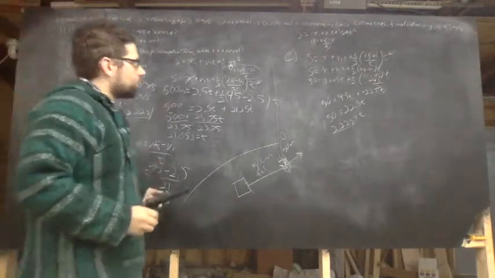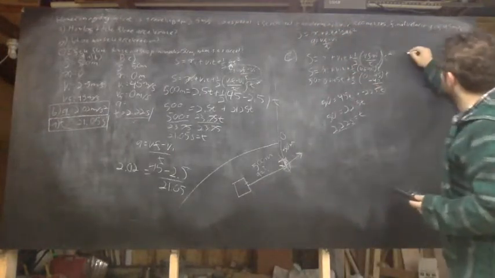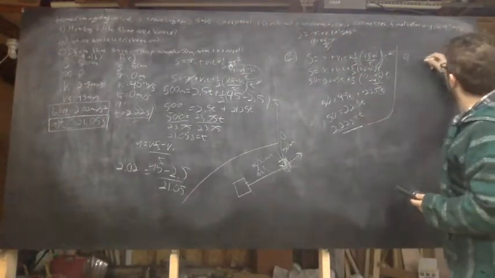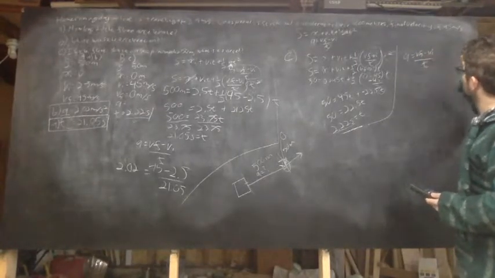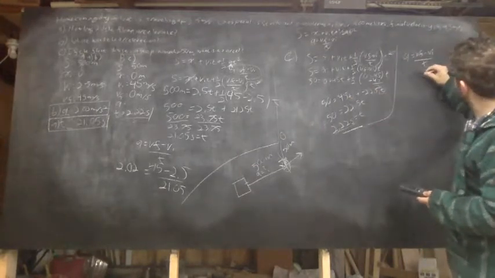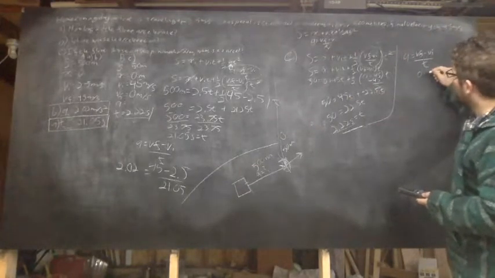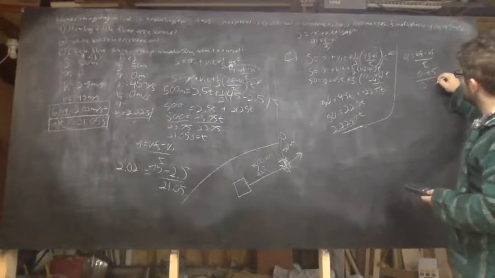Now, what is the acceleration? Plugging this number back into my acceleration equation, A is equal to VF minus VI over T. VF is 0. VI is 45 divided by a positive 2.22.